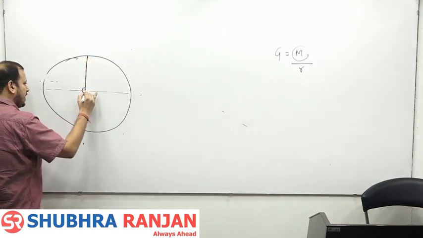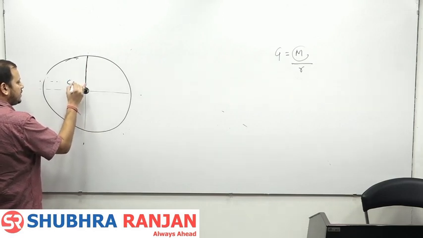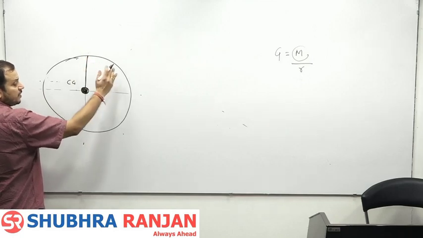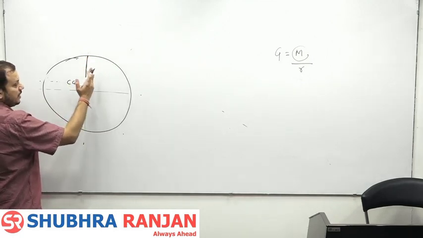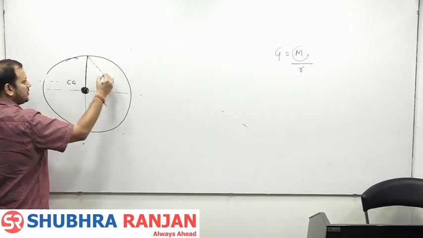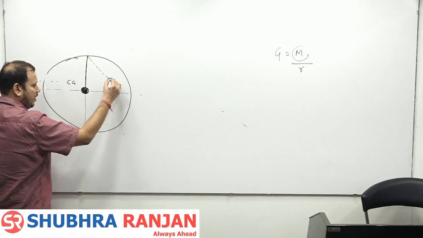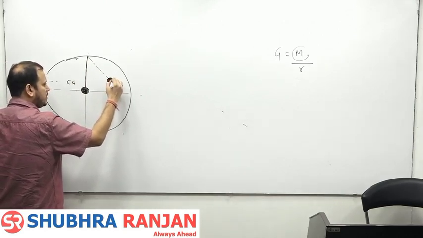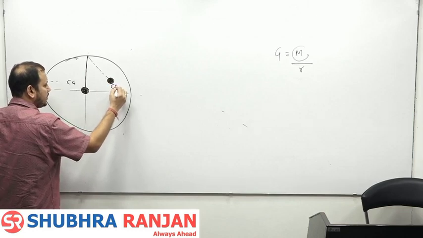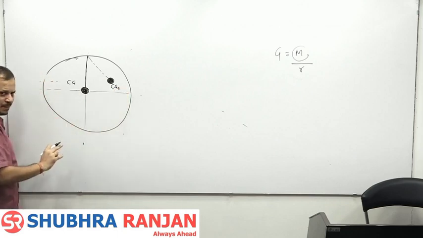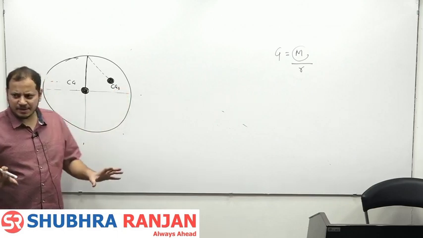So if this is my ideal position of the center of gravity, due to the pull of Mount Everest, my instrument will get deflected where the Himalayas are located. So if the Himalayas are located in the north, and if this is my north, this should be my calculation, because there may be that much mass, sorry, and therefore my instrument may get deflected theoretically at the position known as CG1.